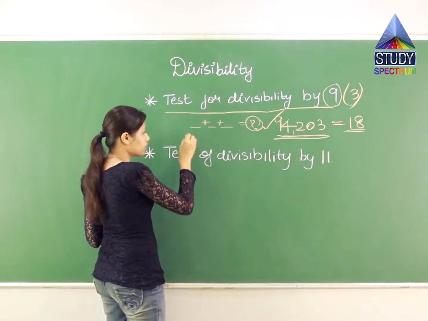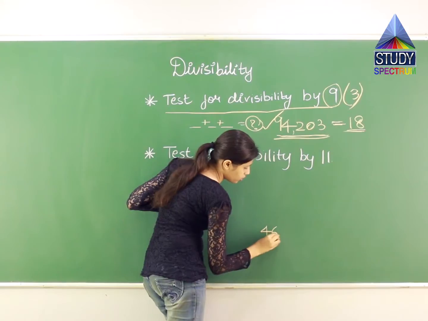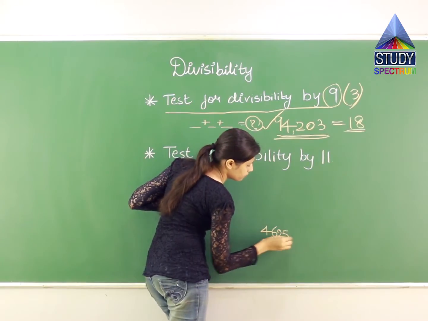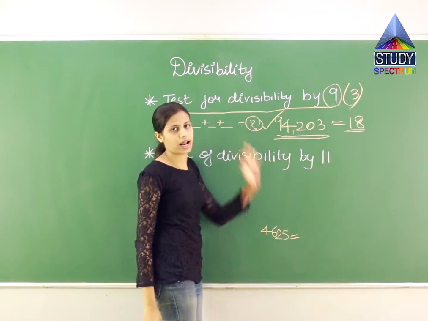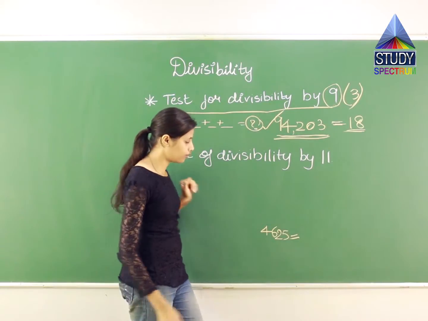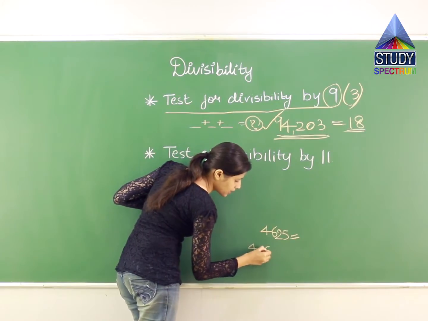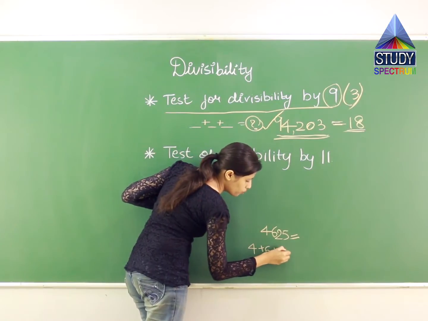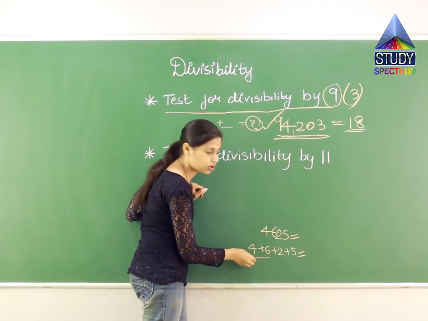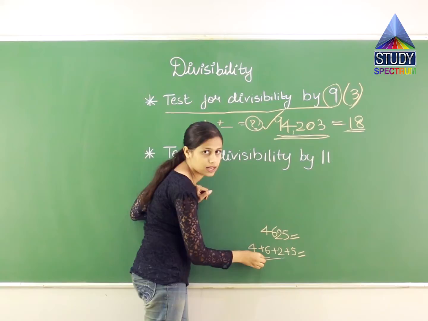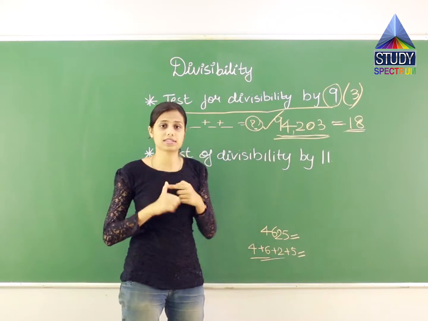Now you will solve another question, that is 4, 6, 2, 5. Check this number and tell me whether it is divisible by 9 or not. What we will do is simply add them, like 4 plus 6 plus 2 plus 5. 6 plus 4, 10, 11, 12, 13, 14, 15, 16 and 17.